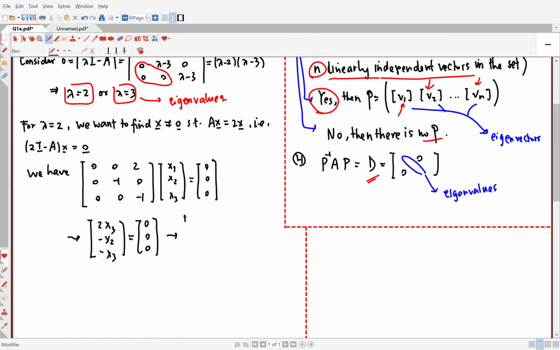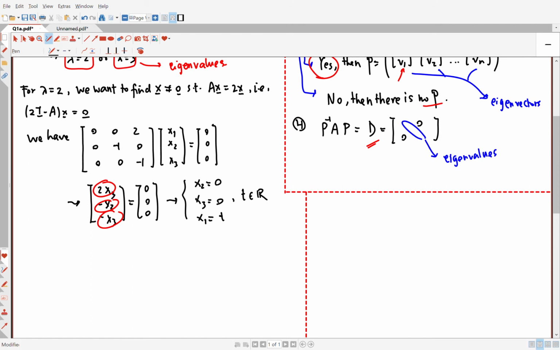This means x2 is equal to 0, and x3 is equal to 0, which is consistent with the first equation. So x2 must be 0, x3 must be 0, but x1 can be anything, so I just make it a free variable.